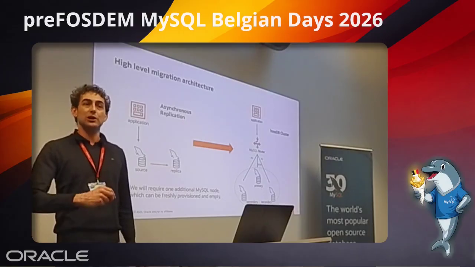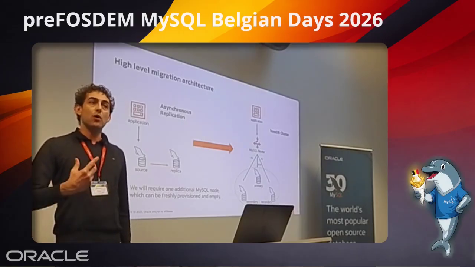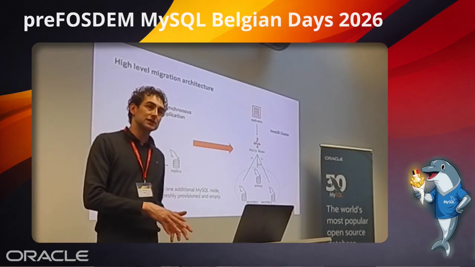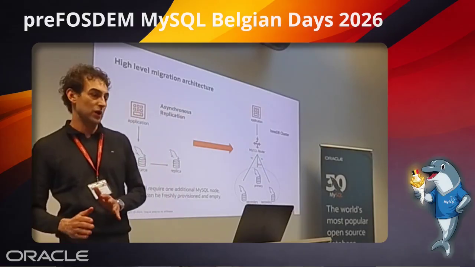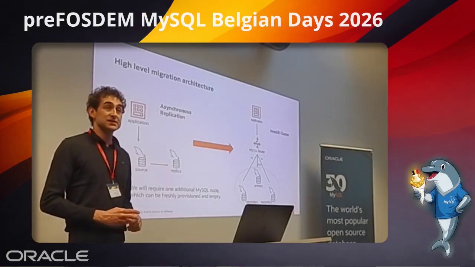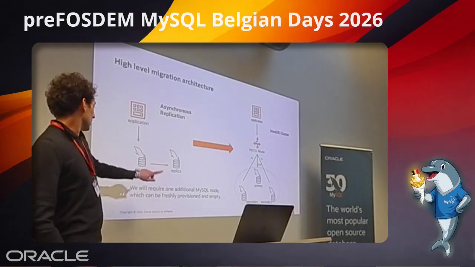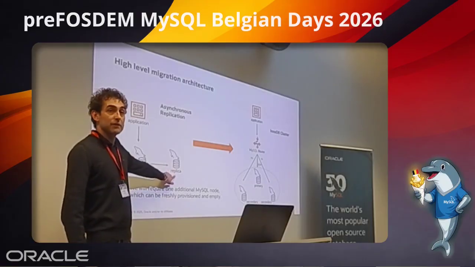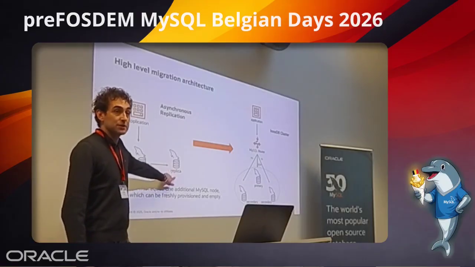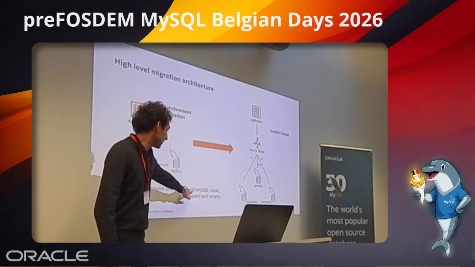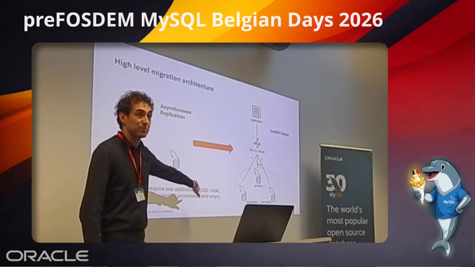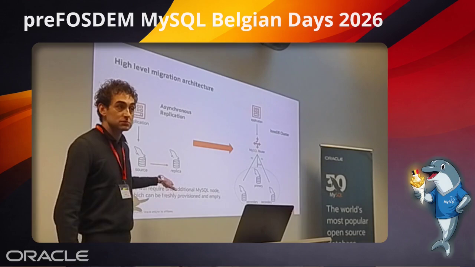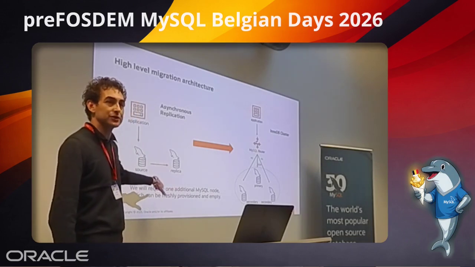Before MySQL 8.4, the replica could become your primary, then you could add the first secondary as a spare machine, and then the source could become your last secondary server.